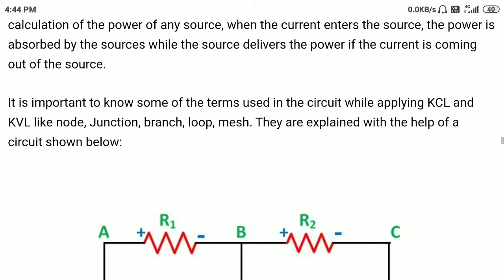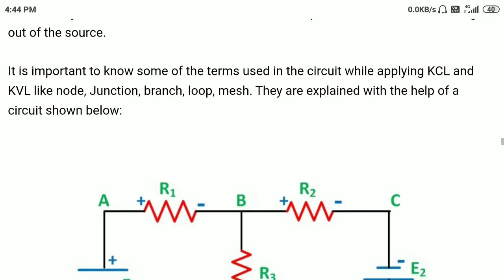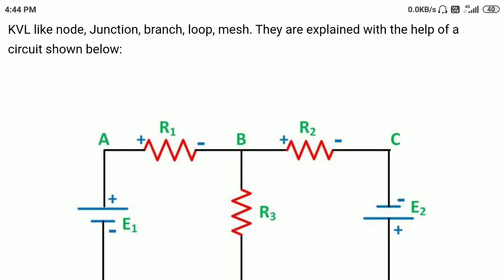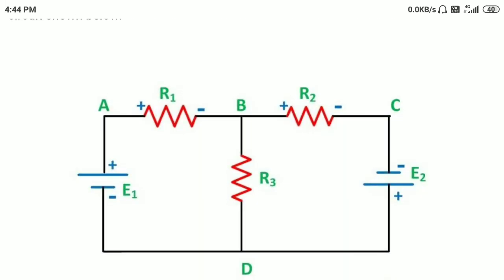It is important to know some of the terms used in the circuit while applying KCL and KVL, like node, junction, branch, loop, mesh. They are explained with the help of the circuit shown in the figure. Here, R1 is the resistance across terminals A and B. B is the node where R1 and R2 are connected.